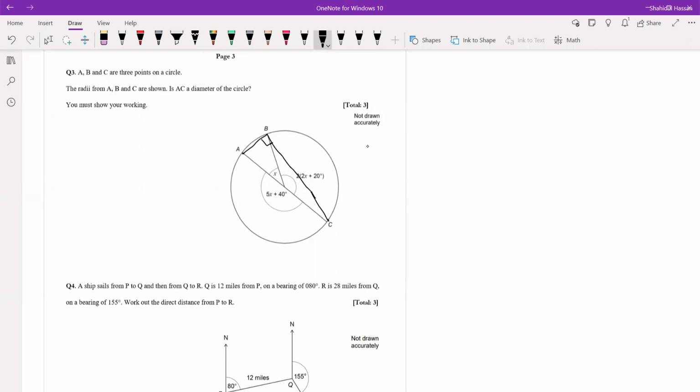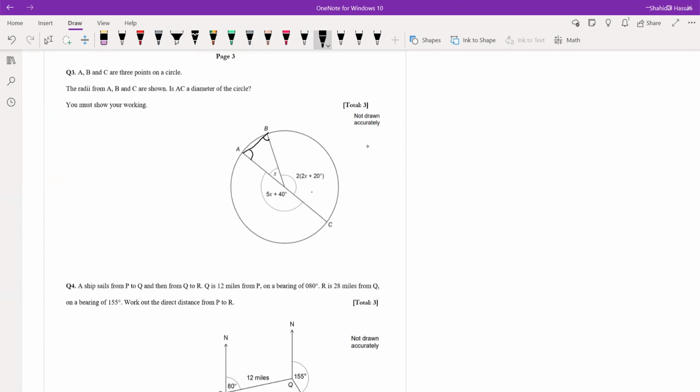Acha, there are some other ways. There are radii from A, B, and C shown. Okay, there are some other ways. That is, if I can show these two base angles are equal, then also we can prove that AC is the diameter.